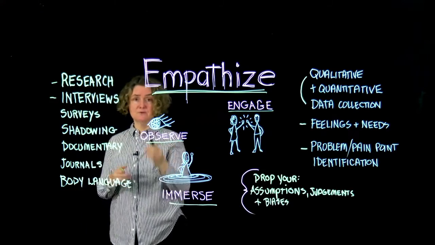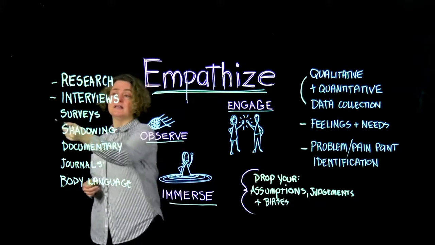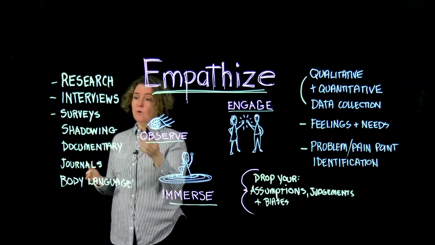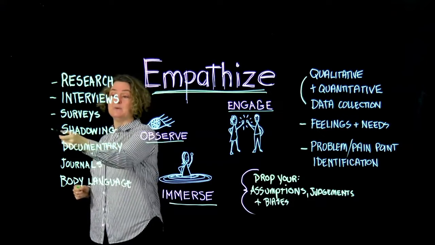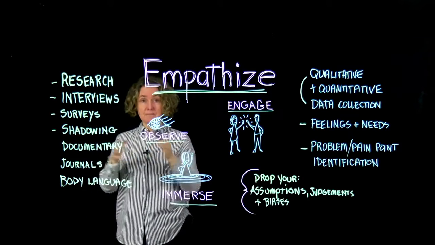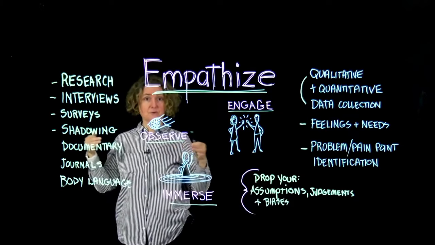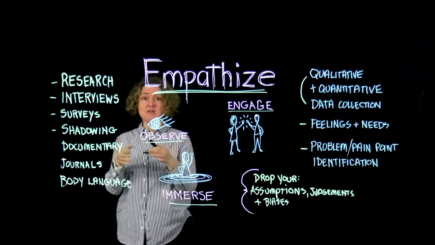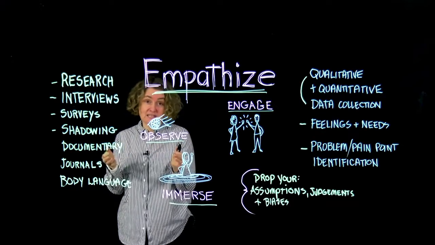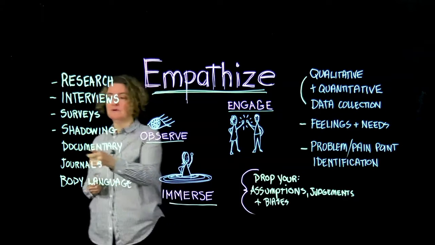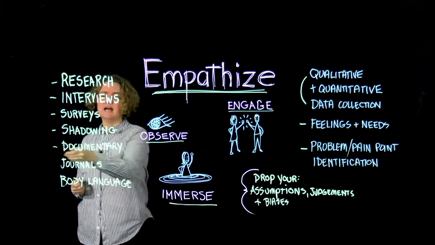Interviews, actually coming up with a questionnaire and delivering it through a survey, or possibly shadowing. If it's service design, we may want to shadow the customers, clients, or people that are using our product so that we can see how they actually do use them or wish to use them.